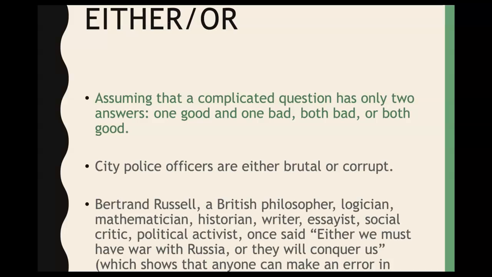And what's interesting about that is in the time since he made that announcement, Britain has not gone to war with Russia, and also Russia has not conquered Britain. So even though he was somebody who was very learned, he is making an error in logic here.